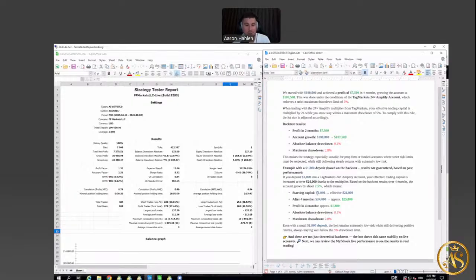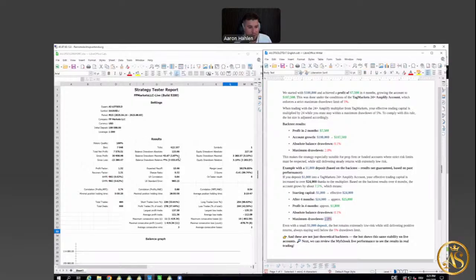That means you would have your deposit times 3 almost. That means you would have more than doubled your initial deposit from $1,000 to $3,800. Your absolute balance drawdown is still 0.1% and your maximum drawdown is at 2.8%.